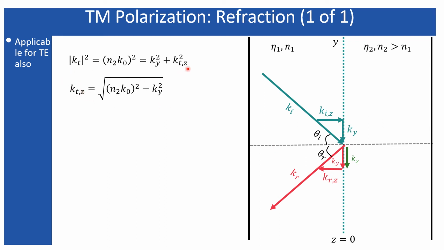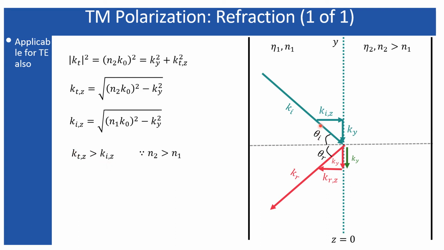From this equation, I can write the z component in a similar way that I have used to write the z component for the incident and the reflected wave. And if you compare the z component of the transmitted wave with the z component of the incident wave, we can easily conclude that since the refractive index in medium 1 is greater than the refractive index in medium 2, obviously the z component of the transmitted wave must be greater than the z component of the incident wave.